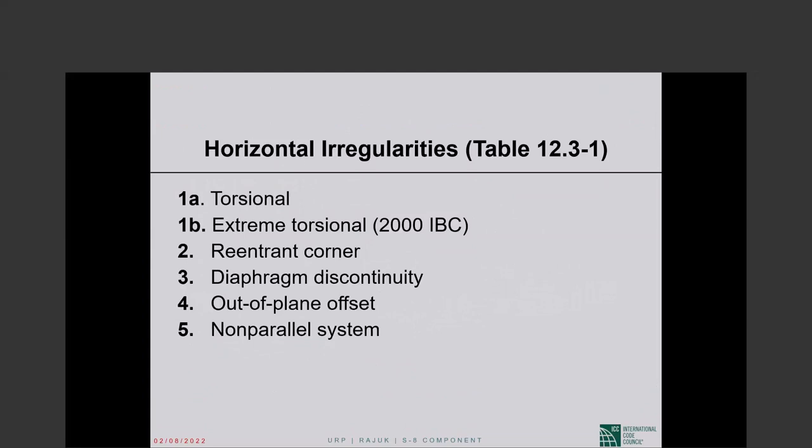So you have seen this list yesterday: horizontal irregularities, torsional, extreme torsional, which was introduced in the 2000 IBC and was not in the 1988 UBC, re-entrant corner, diaphragm discontinuity, out-of-plane offset, non-parallel system.